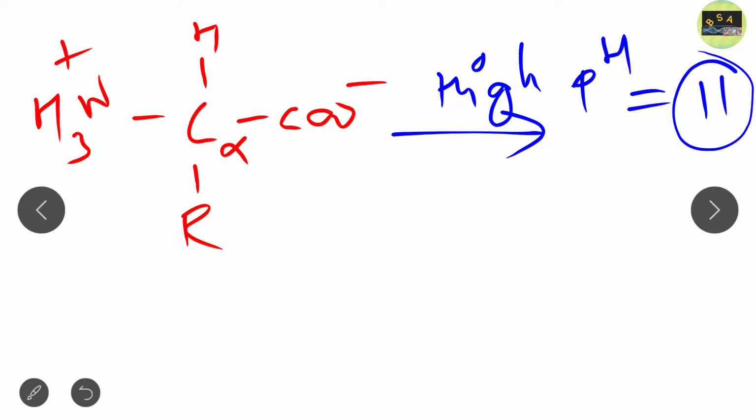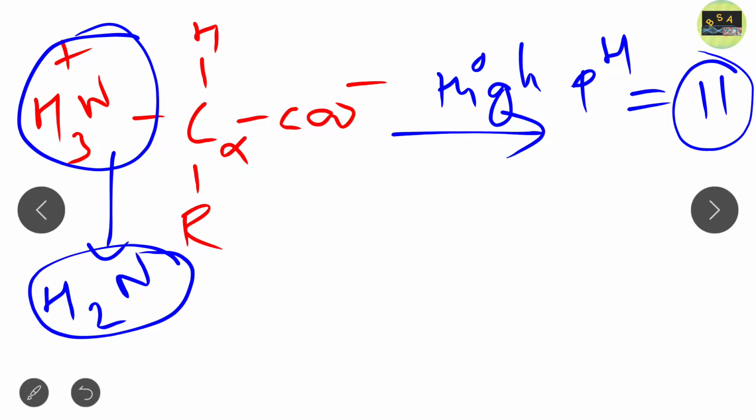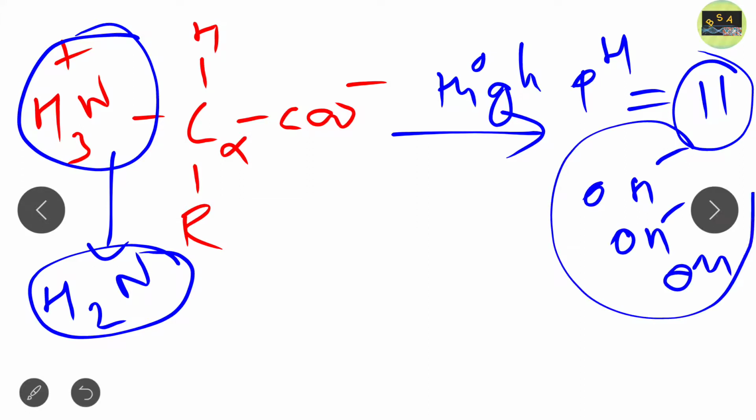Then this amino group loses its proton, and it becomes NH2. This amino group loses its proton because the solution contains lots of OH minus, and it becomes uncharged.